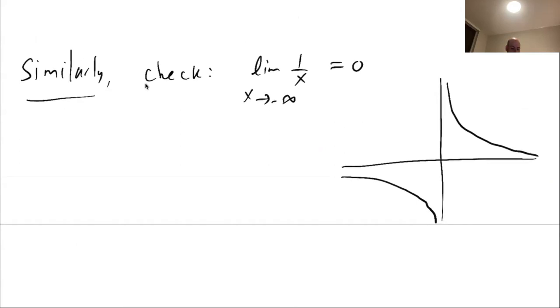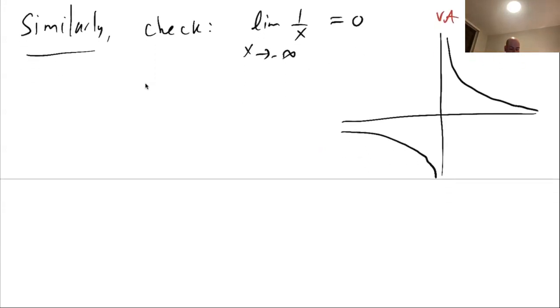If you remember, we had a vertical asymptote at x equals 0. And as x goes to infinity, f of x approaches 0. And also as x goes to minus infinity, f of x approaches 0.